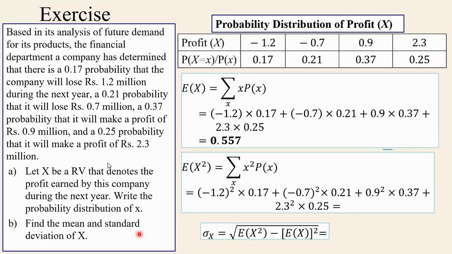Then the standard deviation of X, denoted by sigma X, equals the square root of E of X squared minus E of X whole squared. This value you can get from this calculation, and the expected value of X we already calculated. This should be squared, and by taking the square root, you can get the standard deviation. So you have to complete these two answers, right?